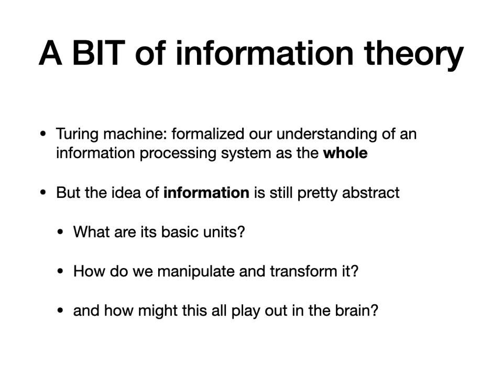You have all these different ways of capturing information, but they're so broad, and some of them are whole books and some of them are single words. What is information? What's the basic unit of information? And if we know what the basic units are, how do we manipulate and move those units around? And then how might any of that play out in the actual brain? So, what's information?